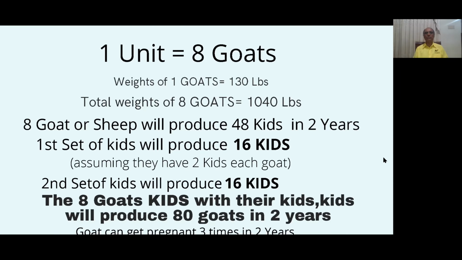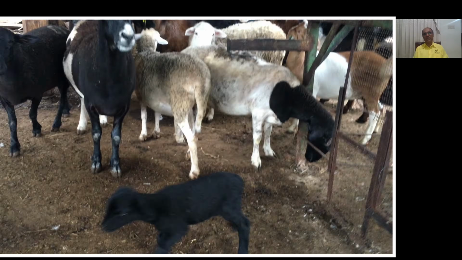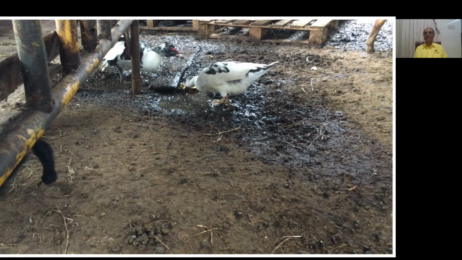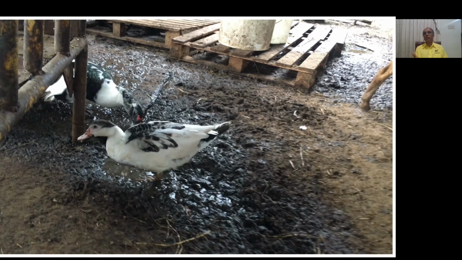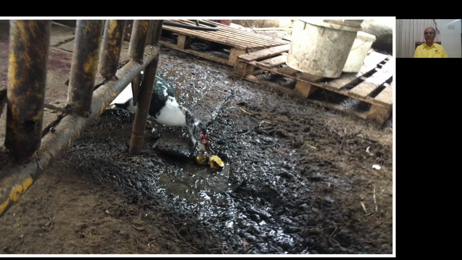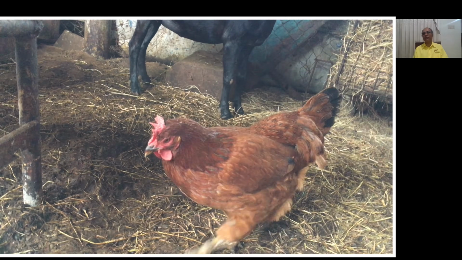We are also assuming they will have 2 kids each time. In the beginning, of the 48 kids, we are saying half is male and half is female, so 24 females and 24 males.